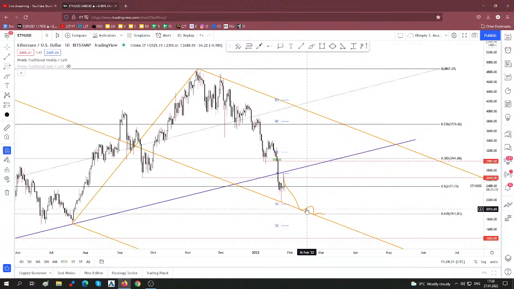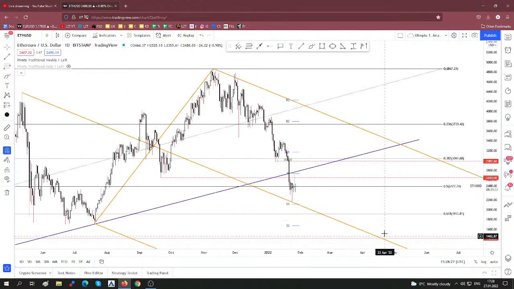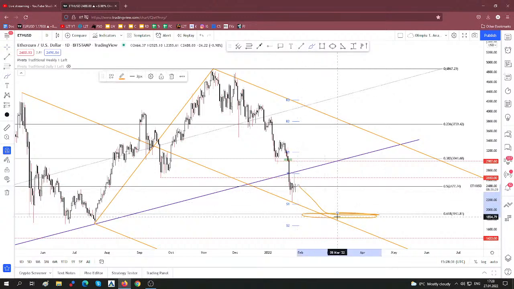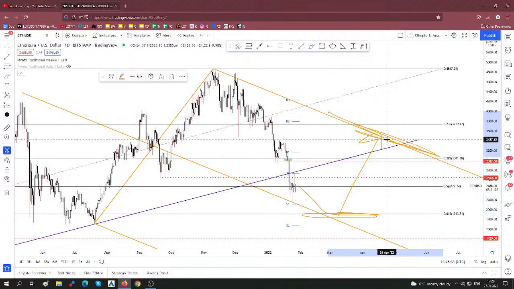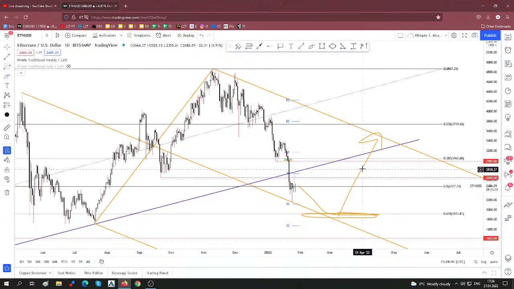That could signal that Ethereum's retreat ended around the 61.8, and maybe I will look for longs here, because the price could turn back towards the upper medium line. So this is Ethereum in my opinion.